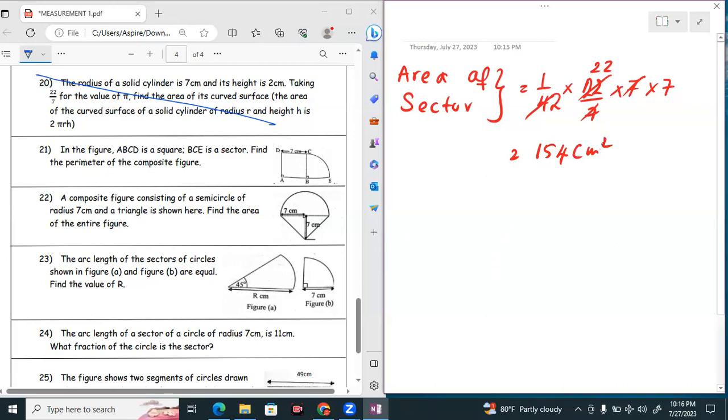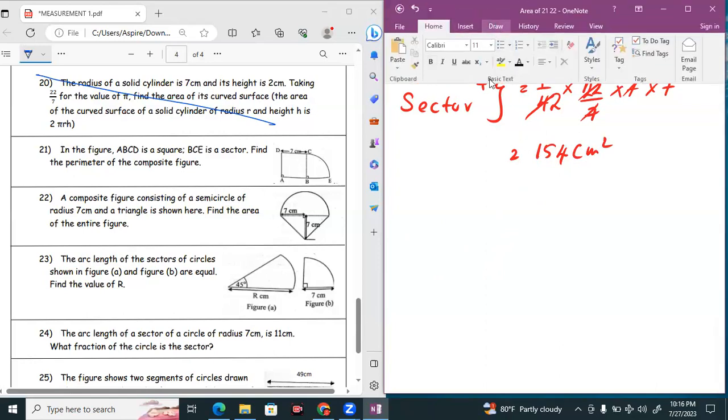It is 154 square centimeters. Oh, sorry, here it is not the area, no? We have to find the perimeter. Sorry.